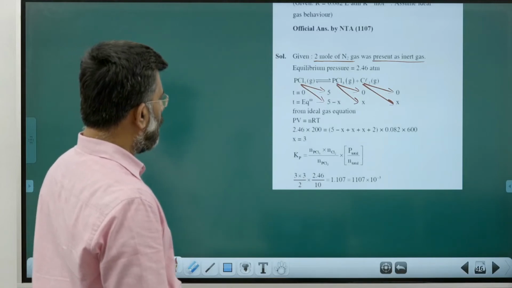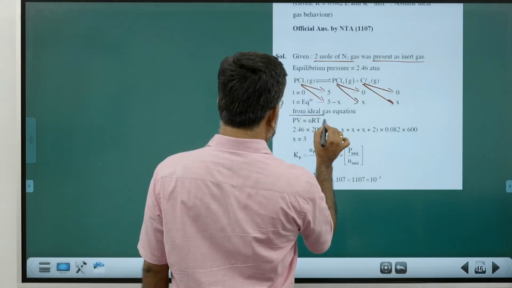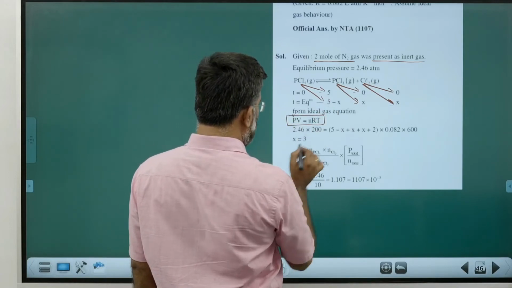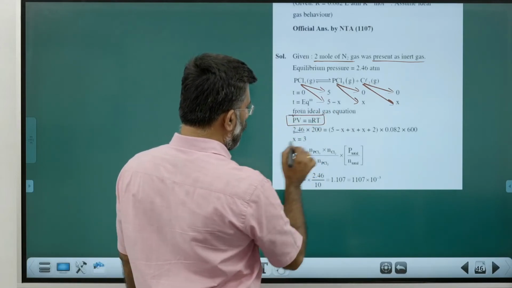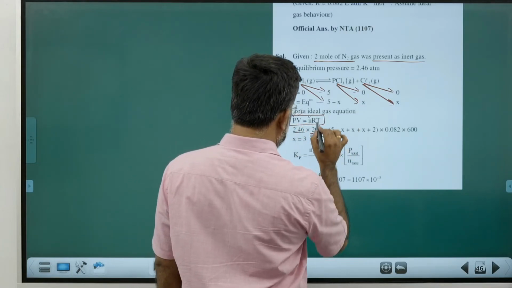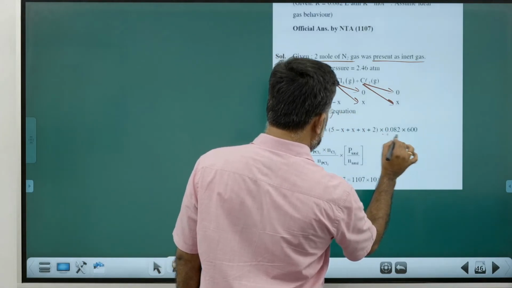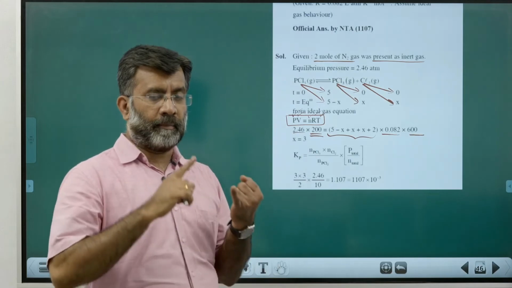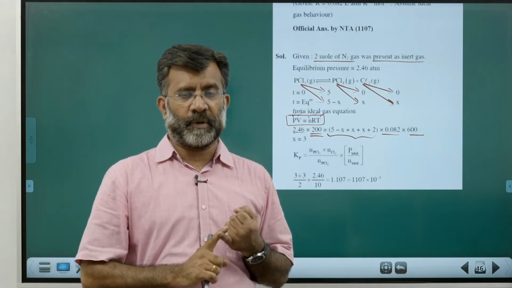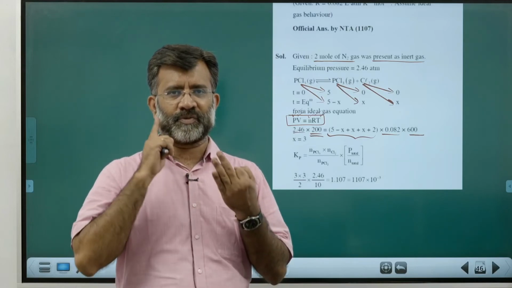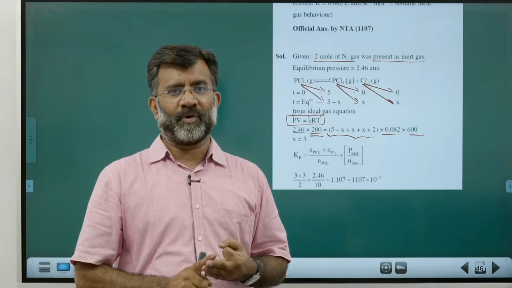Now, from the ideal gas equation, PV equals nRT, pressure is given in the question as 2.46, volume is given as 200, R and T are available, so you can find out n. What is n? The number of moles of PCl5 remaining is 5 minus X, PCl3 is X, Cl2 is X, and don't forget the 2 moles of nitrogen.